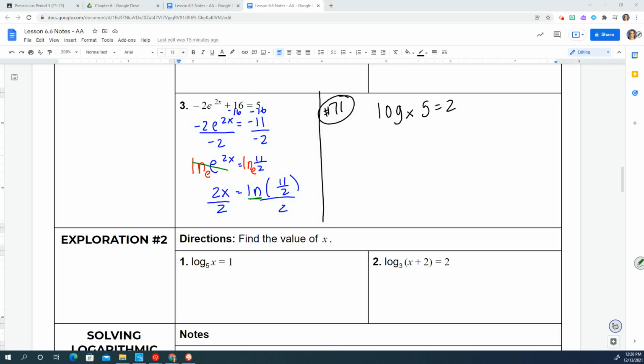Okay, we're going to rewrite this in exponential form. x is my base. x to the power of 2 equals 5. So what would x be? I'd have to take the square root of both sides. Maybe the square root of 5. So that's a.